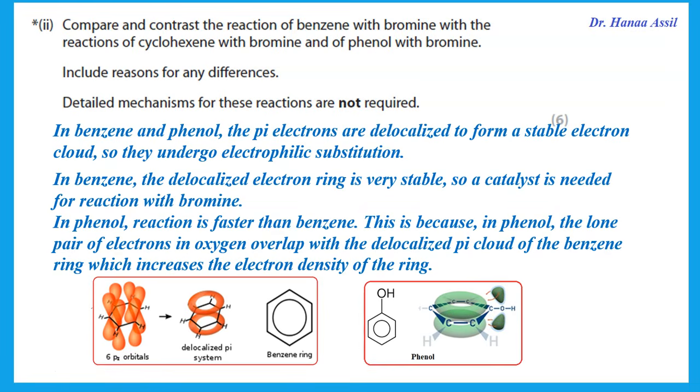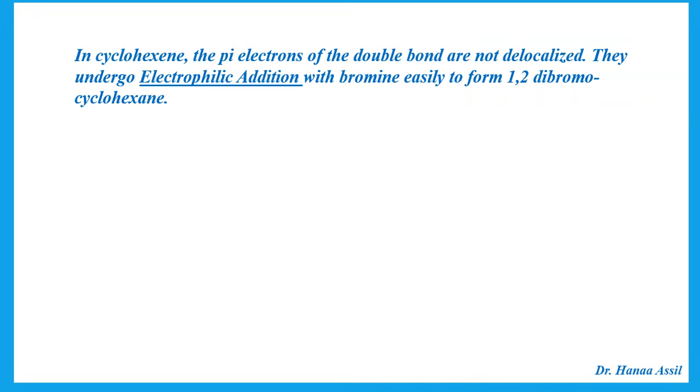That is, phenol is more reactive. This is because in phenol, the lone pair of electrons in the oxygen overlap with the delocalized pi cloud of the benzene ring. This increases the electron density of the ring and makes it more susceptible to electrophilic substitution.